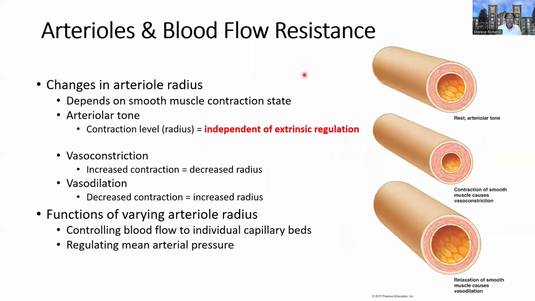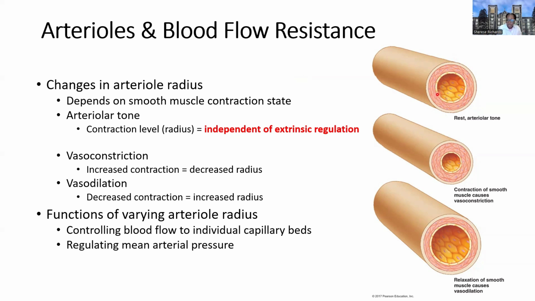So looking at that change in arterial radius, this depends on the state of contractility of the smooth muscle, right? The tone of that smooth muscle. So we have contraction at the level of the smooth muscle, which tells us the radius of the lumen. And this is basically independent of extrinsic regulation. So we can have vasoconstriction and vasodilation purely based on how much flow is coming through.